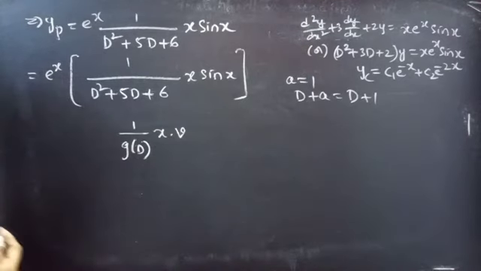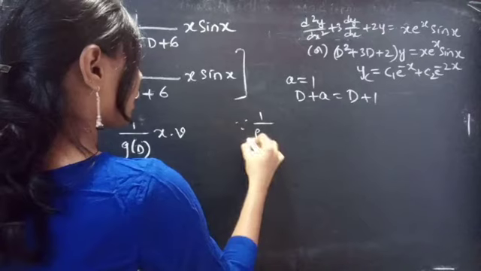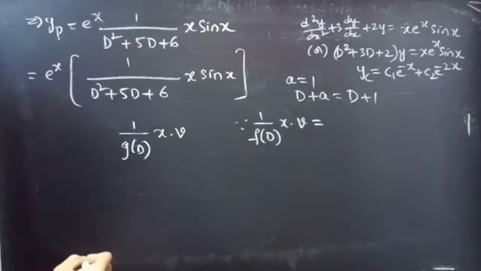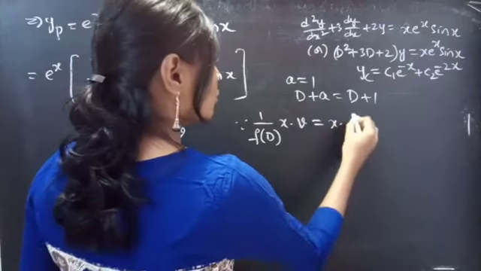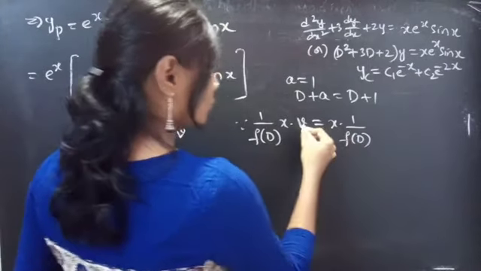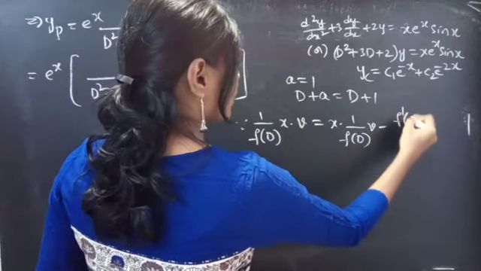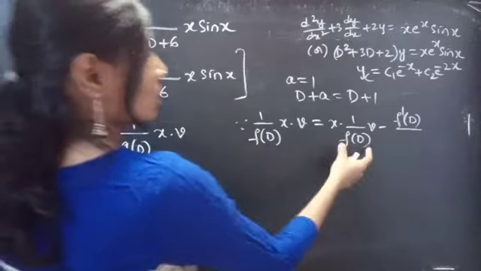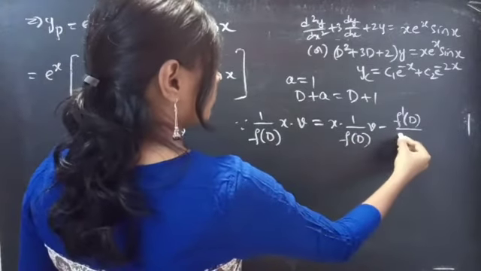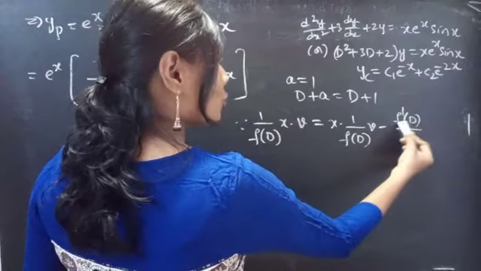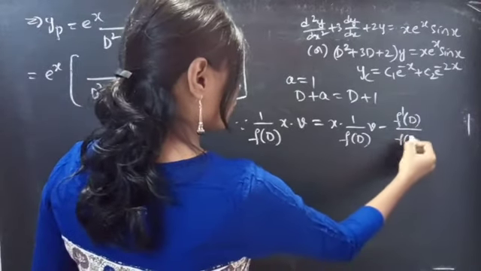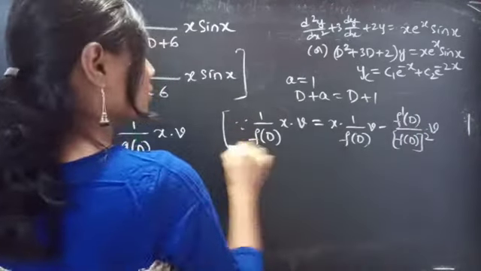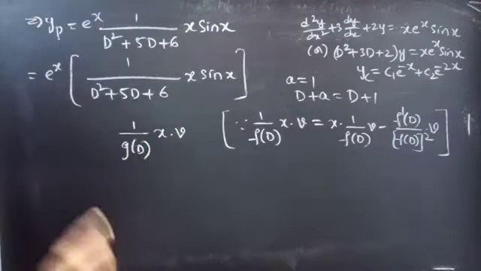We have a formula: 1 by f of D into xv can be written as x into 1 by f of D into v minus f dash of D, that is derivative of f of D, by f of D whole square into v. So this is a formula we are going to utilize here.